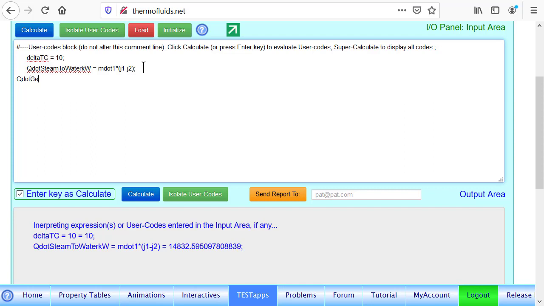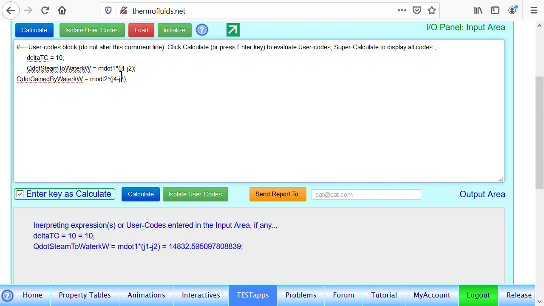q dot gain by water, for a lack of better terminology. q dot gain by water is what? Kilowatt. That's m dot 2 star J4 minus J3. See if it makes sense to you.